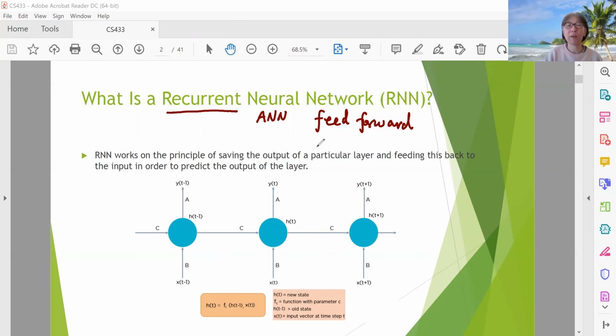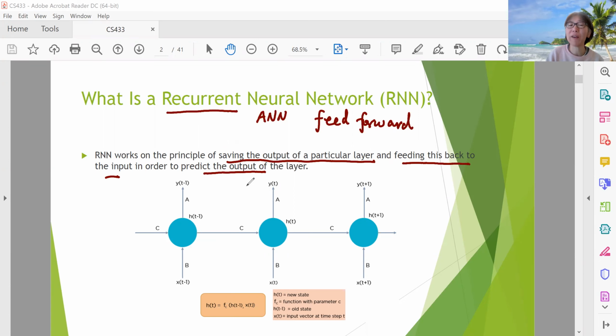RNN works on the principle of saving the output of a particular layer, and then feeding this back to the input for prediction of the output layer.